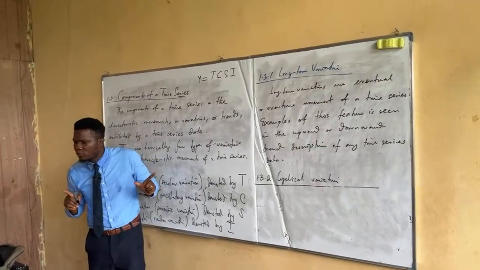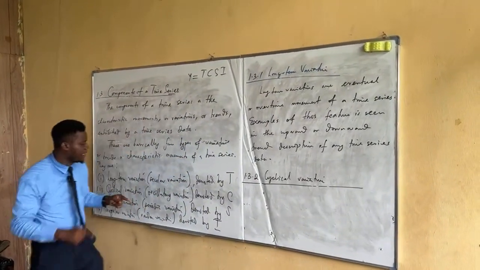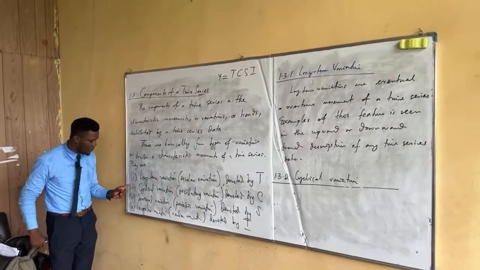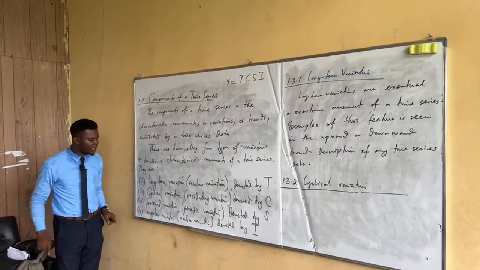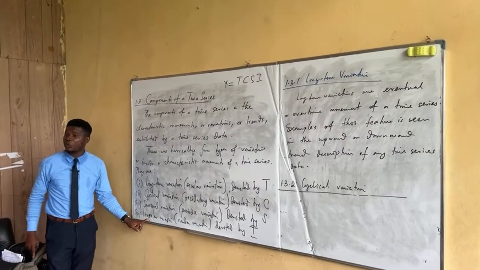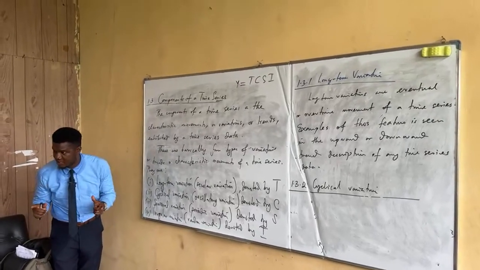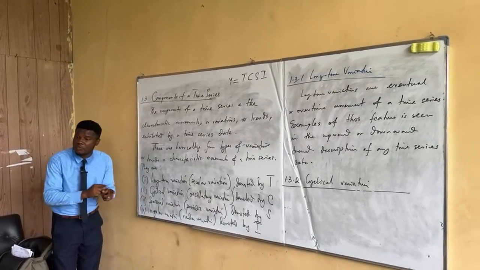One way to smoothen the graph is to eliminate cyclical components. If I want to smoothen a graph, it may be that I want to eliminate seasonal components. It may be that I want to eliminate irregular components, if they are perceived as noise. Do you get me? What you call error. If they are perceived as noise, you may want to eliminate them.